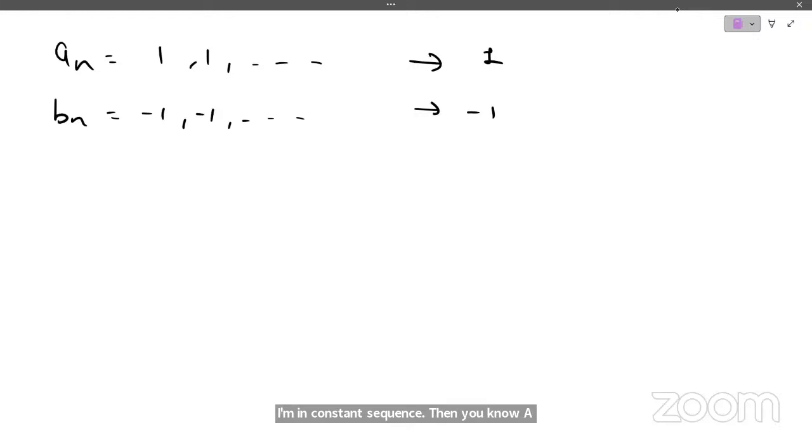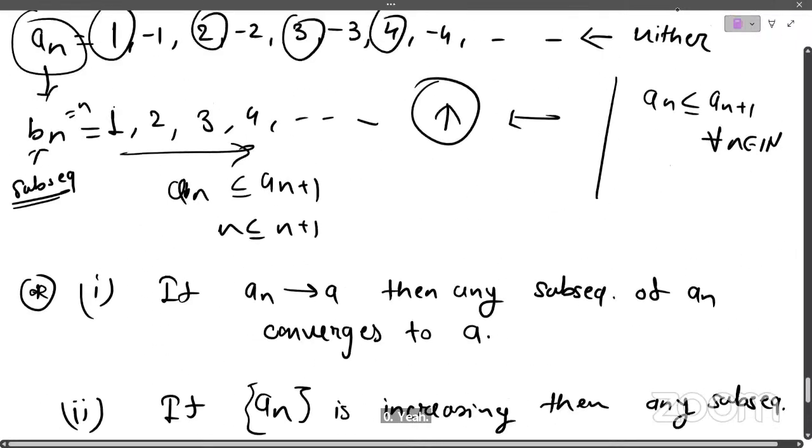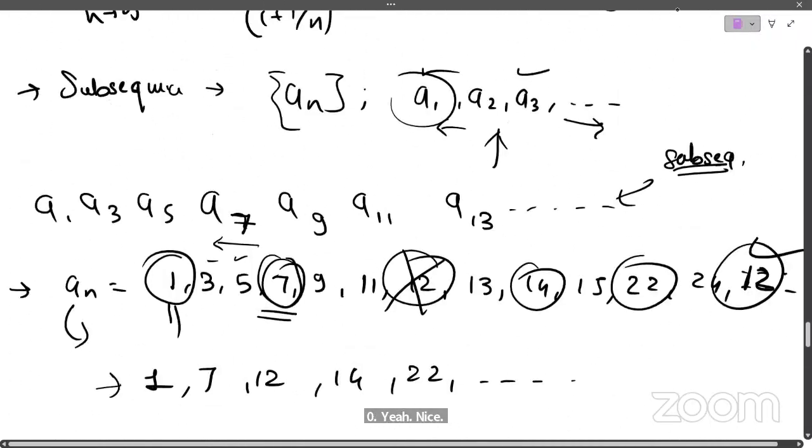So these are two non-zero elements, right? And they are converging to different limits, correct? Just constant sequences. Okay. Yeah, and an plus bn is 0, 0, so it will converge to 0. Yeah. Fine. So this is the sequence and subsequence criteria.